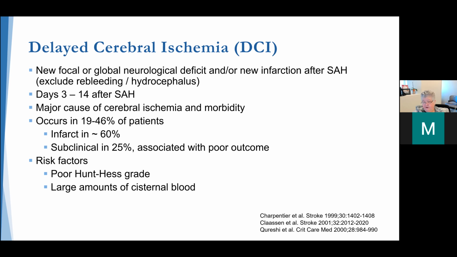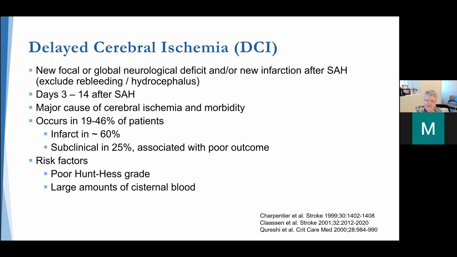This results in infarct in a significant fraction of patients, but is often subclinical, results in poor outcome without necessarily a demonstrable infarct, because these patients already may have significant neurologic deficits, and picking up ischemia can be difficult.